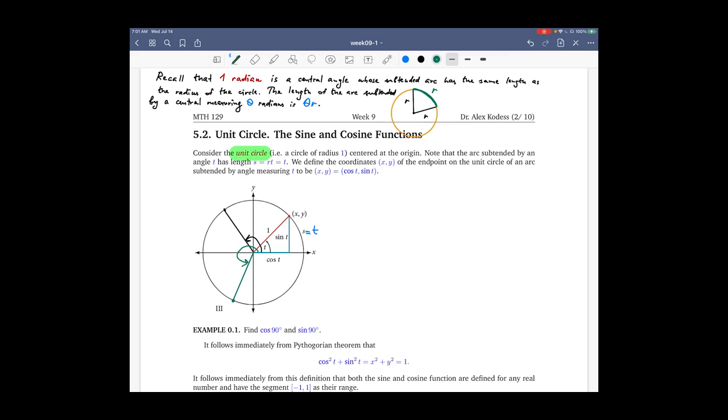Note, of course, that the correspondence between points and angles is not one-to-one, is not injective. For a given point, there are multiple angles that correspond to that point. There's this angle, but then there's this angle and full revolution.